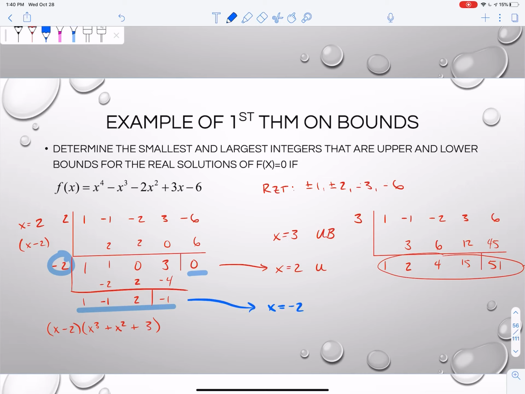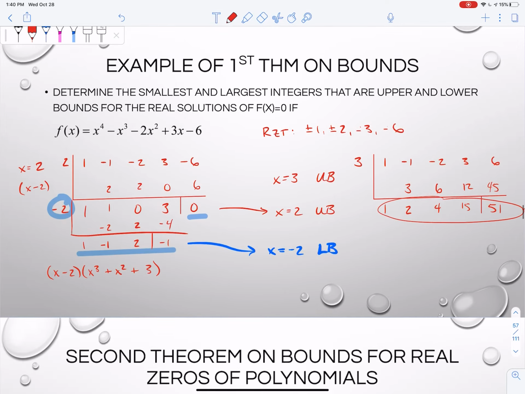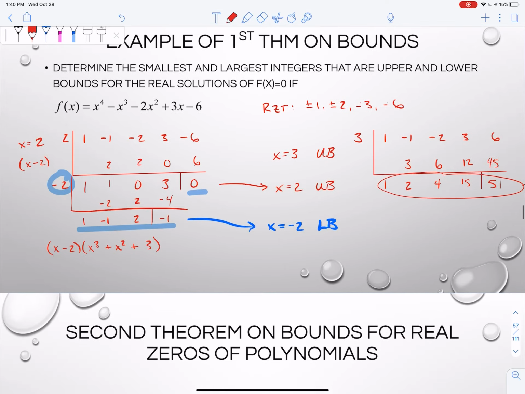So I'm going to move on from here because we're going to do more with this as we go through, and hopefully this will make some more sense as we get a little more practice with it. Now, we do have a second theorem on bounds. You were probably thinking, well, if they said it's the first theorem on bounds, there had to be a second one coming.